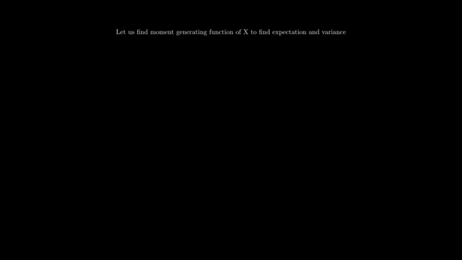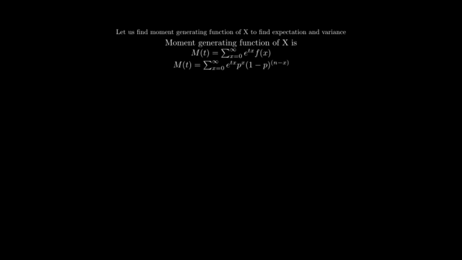Now let us find the moment generating function of X to find expectation and variance. So the moment generating function of X is the summation over x equal to 0 of e^(tx) f(x).